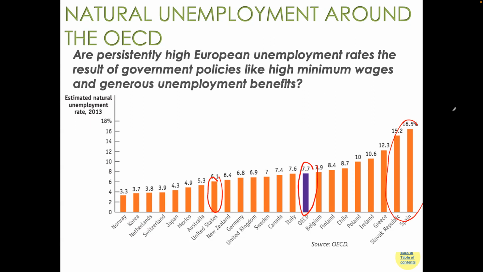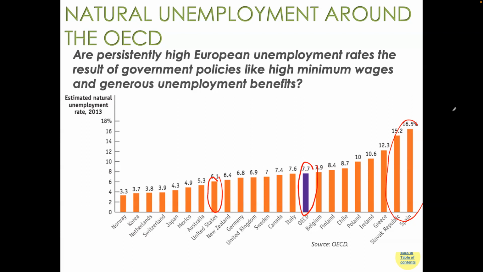Now the question for you is, why does some country have a much higher natural rate of unemployment than others? What are the potential causes of a higher natural rate of unemployment? To answer that, always remember the reasons behind unemployment, right?